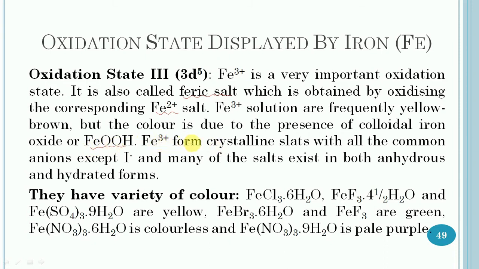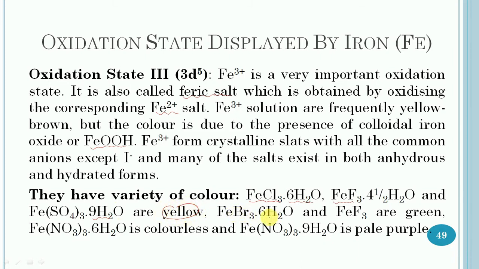Iron 3 positive forms crystalline salts with all the common anions except iodide, and many of these salts exist in both anhydrous and hydrated form. They have a variety of colors. Ferric trichloride with 6 water molecules, ferric trifluoride with 4.5 water molecules, and iron sulfate with 9 water molecules are yellow in coloration.